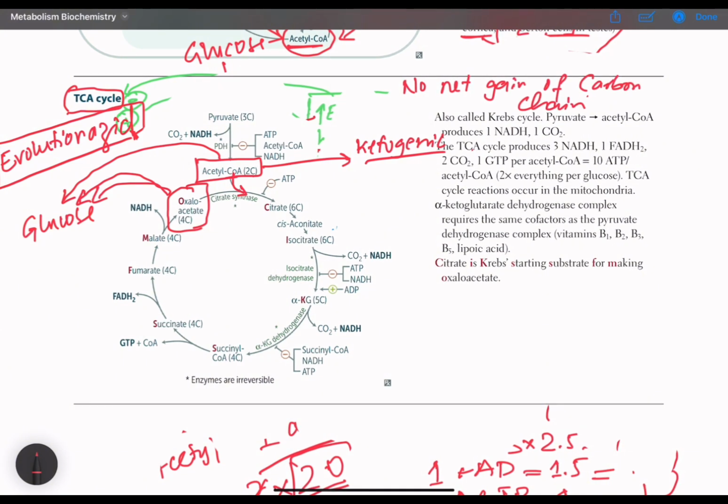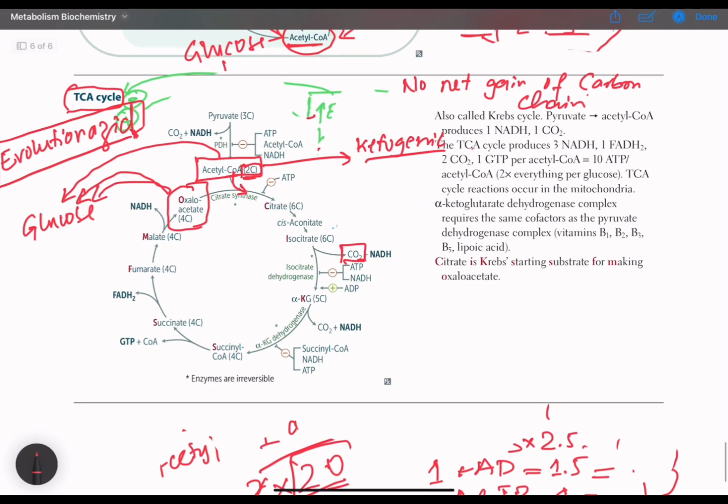chain. The two carbons of acetyl-CoA are released during the TCA cycle, so there is no net increase in the carbon chain. For instance, if oxaloacetate goes on to develop into the TCA cycle, there is a net decrease in the 4 carbon chain. But by adding acetyl-CoA, these are released during the regulatory steps and there is no net increase.